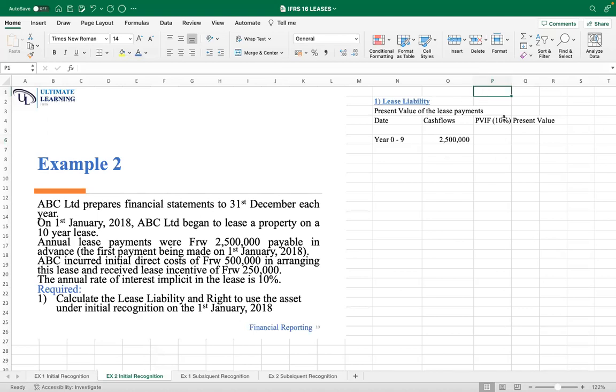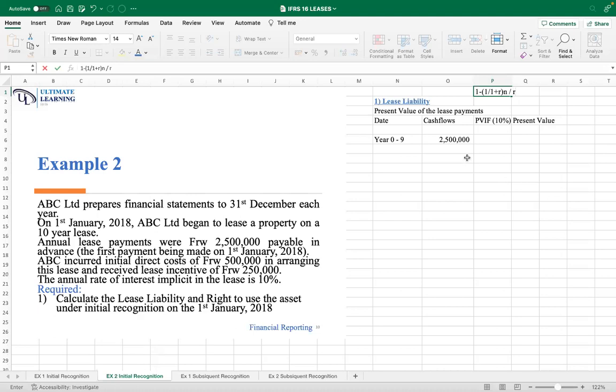In an annuity, it is always 1 minus, into bracket, 1 divided by 1 plus R, raised to power n, everything again divided by R.